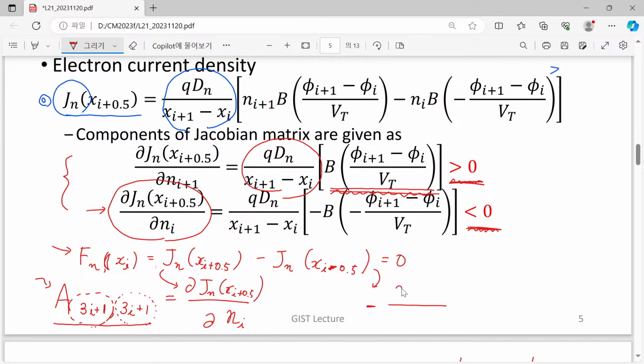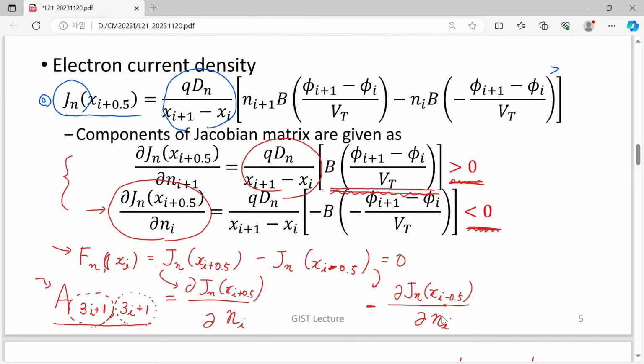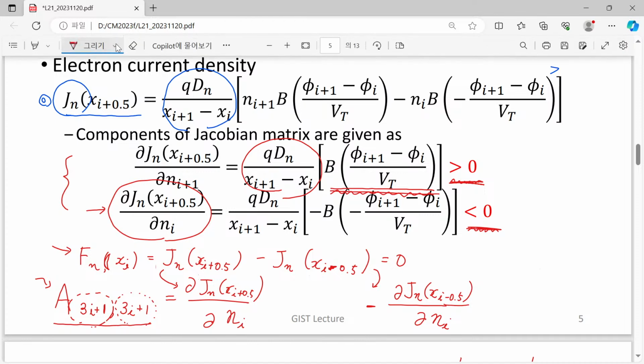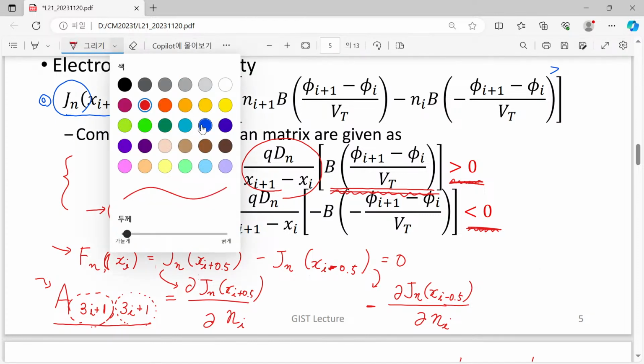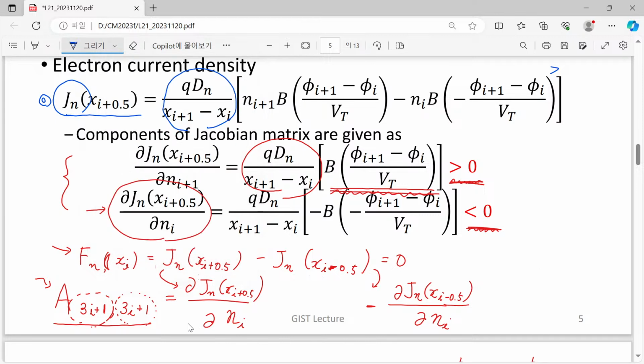Then in this case, we must minus jn x I minus half, partial derivative with respect to n sub I. So are you with me? The point is, I wanted to ask you the sign of each term. So please try to estimate the sign of each term. What is the sign of this term?